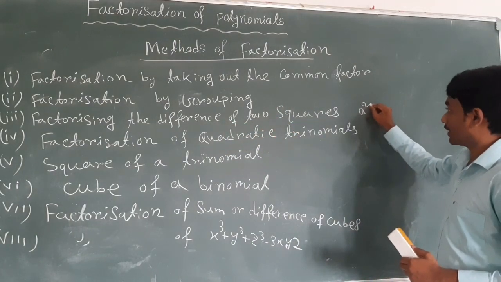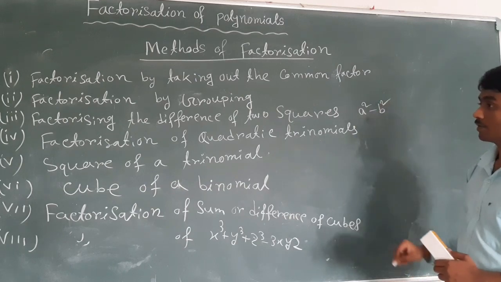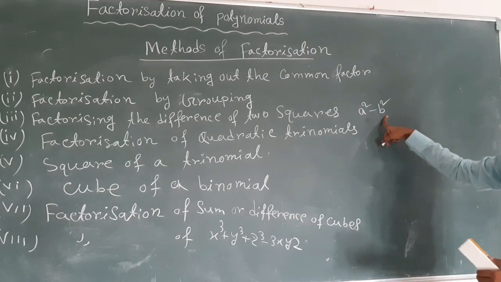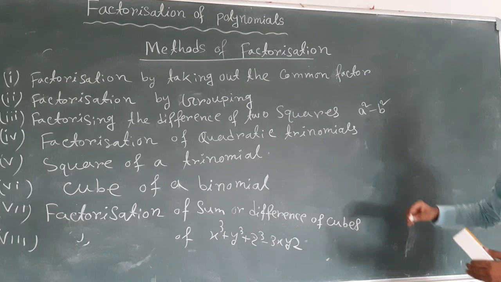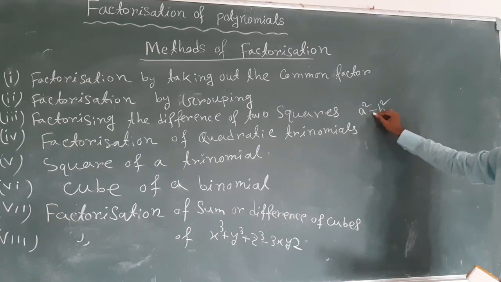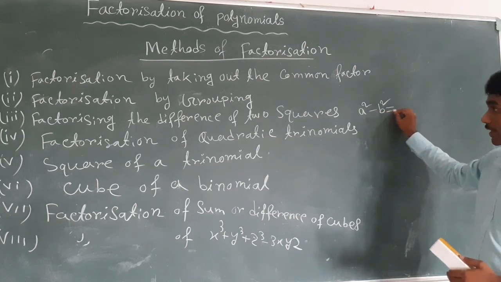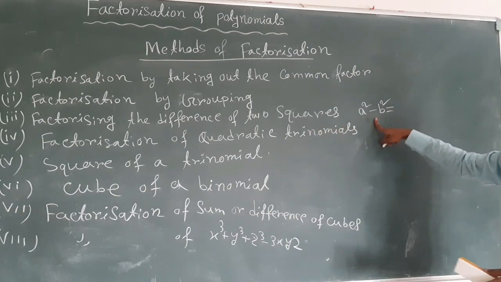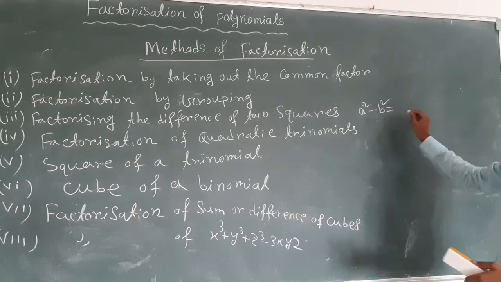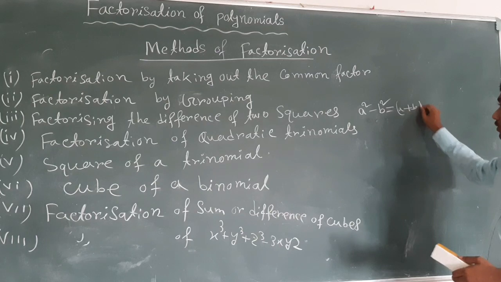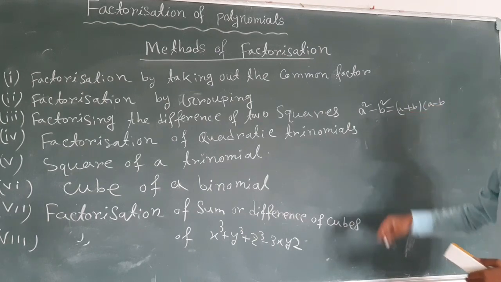That means when the given polynomial is of the type a square minus b square, then we factorize it by the formula a plus b into a minus b.